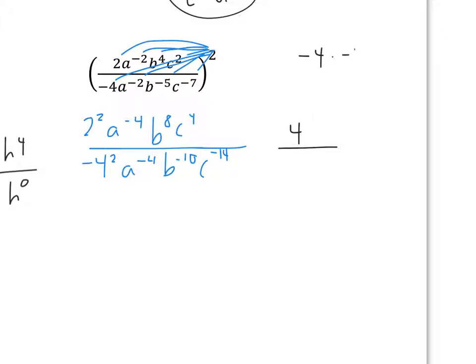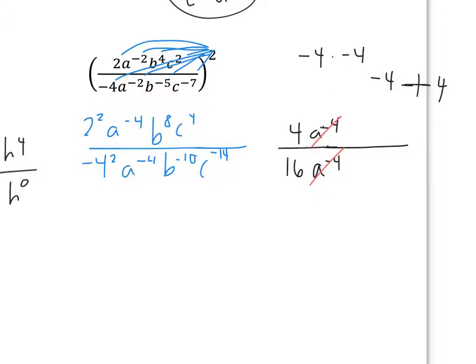So negative 4 times negative 4 is positive 16. So I know I'll eventually simplify that. Okay, I have a to the negative fourth over a to the negative fourth. So if I have negative 4 minus negative 4, chop chop, plus, negative 4 plus 4 is actually 0, so those will cancel out.